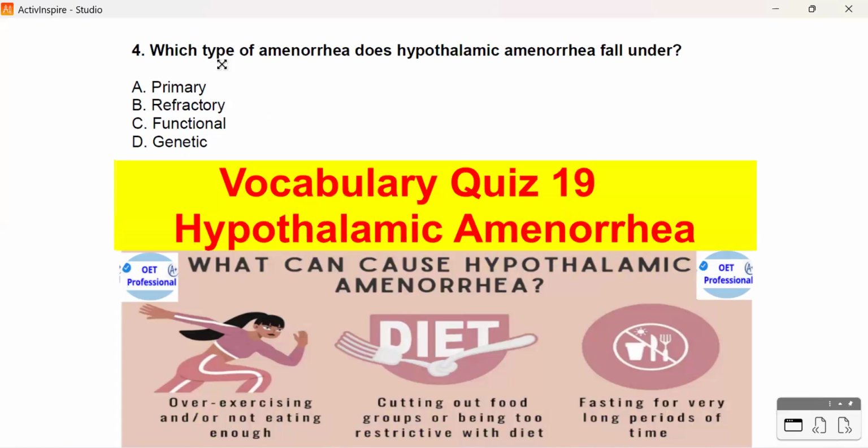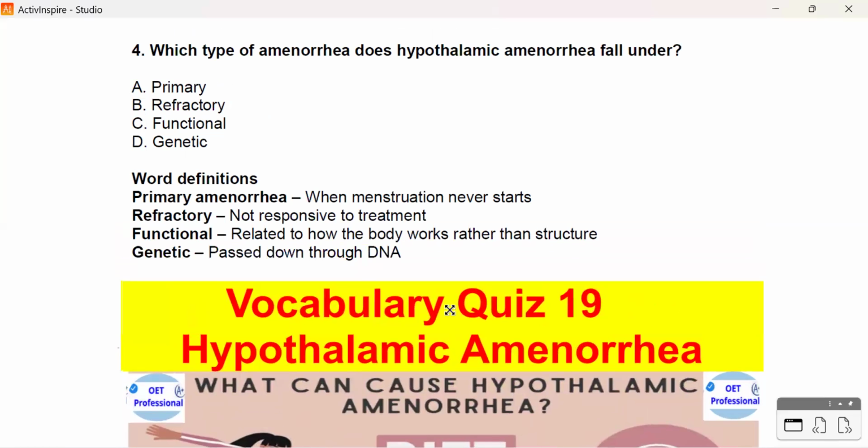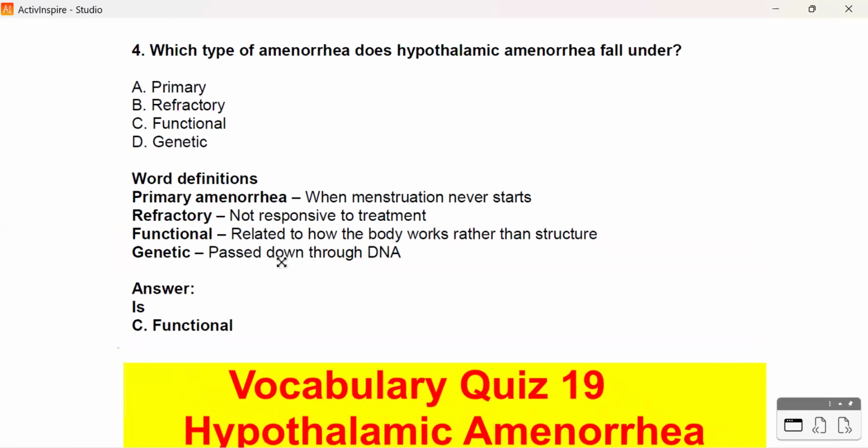Which type of amenorrhea does hypothalamic amenorrhea fall under? Primary, refractory, functional, genetic? The correct answer is functional, related to how the body works rather than structure.